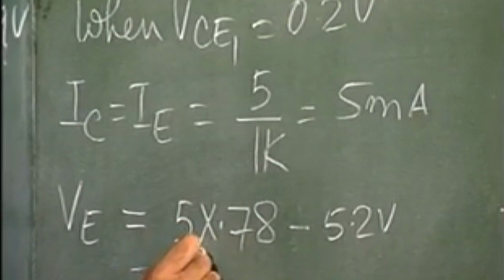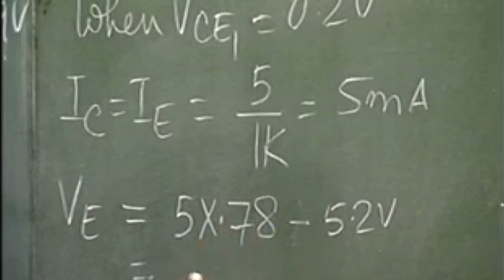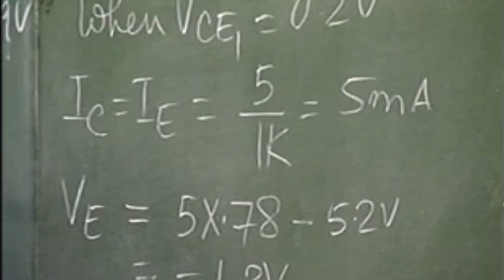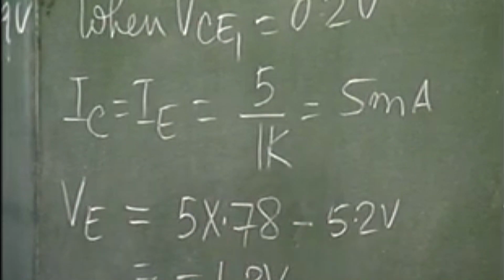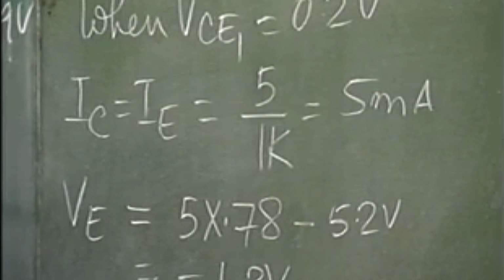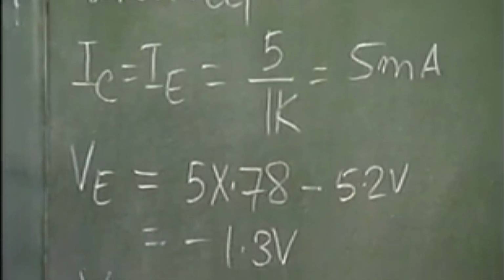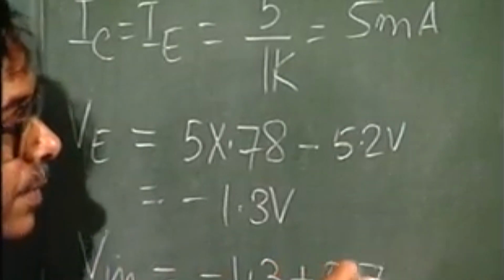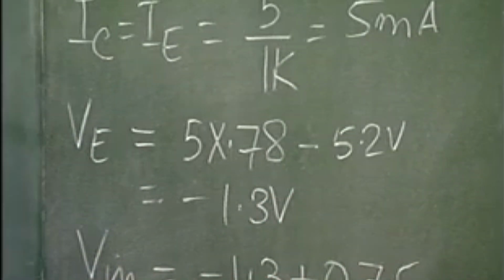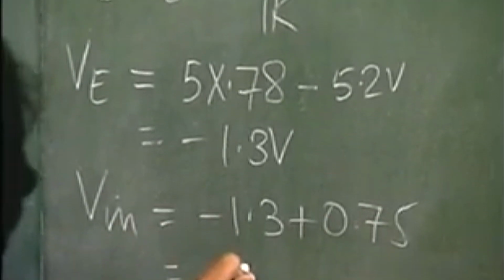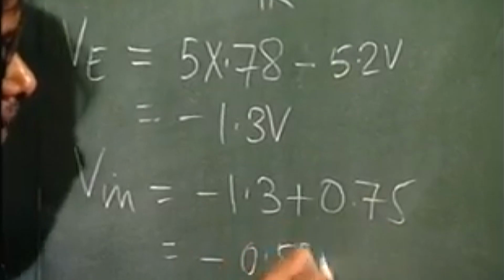This is 3.9, I think, minus 5.2, so minus 1.3 volts. Am I correct? All right. Now VE is minus 1.3 volts. So Vin is minus 1.3 plus 0.75. So that is equal to minus 0.55 volts. Is that correct?